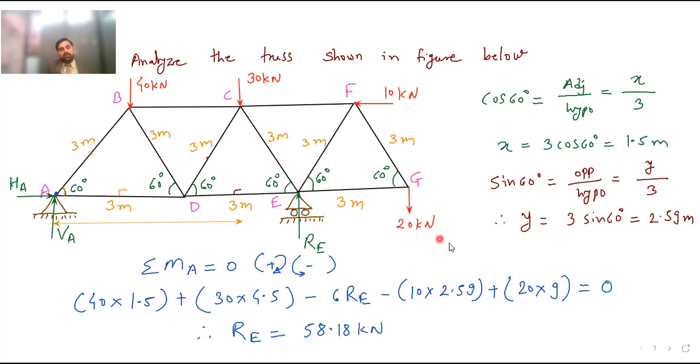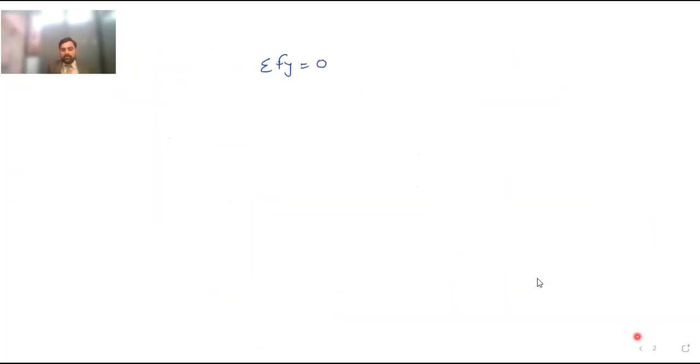So I will write all these forces. So the equation will be VA, which is moving upward, minus 40 minus 30 plus RE, and then again minus 20 is equal to 0.